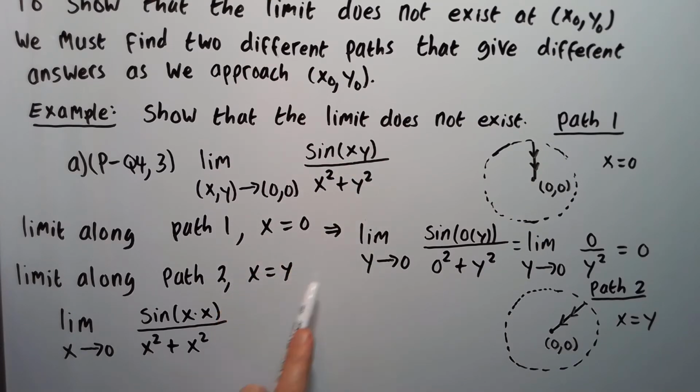So it'll be sine of x times x, over x squared plus x squared. If you try to evaluate now at 0, you'll have sine of 0 over 0, but sine of 0 is 0, so it'll be 0 over 0. This is an indeterminate form, so we can apply L'Hopital's rule.